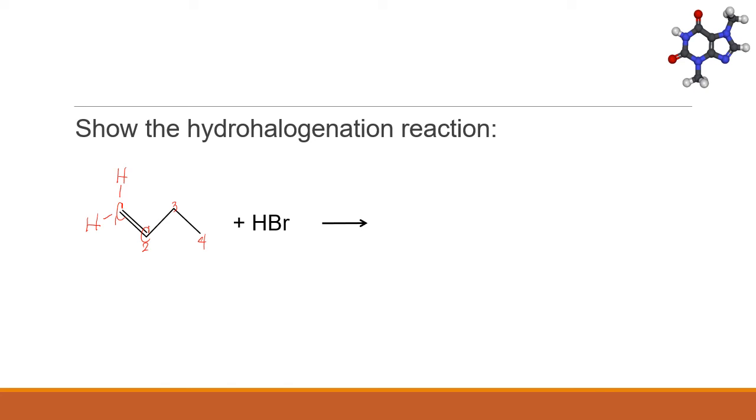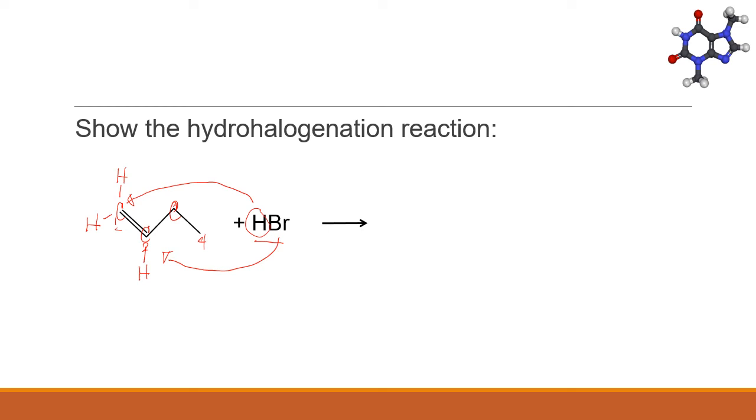Carbon 2 has 2 valence electrons shared with carbon 1 and 1 valence electron shared with carbon 3, which means it still has 1 valence electron shared with a hydrogen. So in the reaction with hydrogen bromide, according to Markovnikov's rule, bromine will attach to the carbon with fewer hydrogens, which is C2, whereas this hydrogen will attach to the carbon with more hydrogen atoms, which is C1.